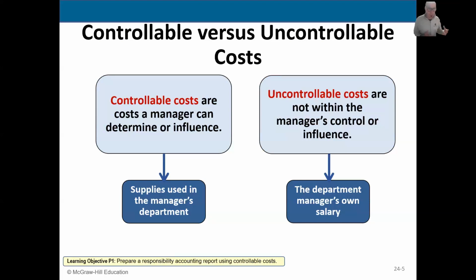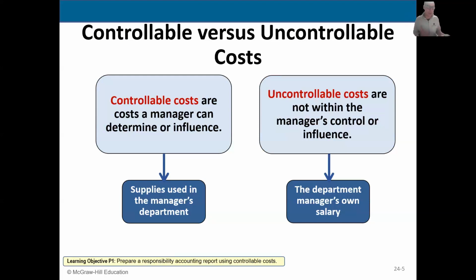Other examples of uncontrollable costs: the amount of electricity used by the store. The department manager can't control that. The department manager cannot control the store manager's salary. The department manager cannot control rent prices or insurance.